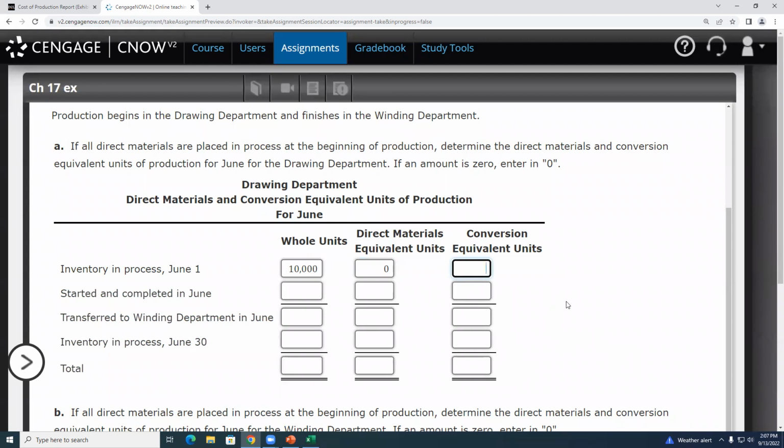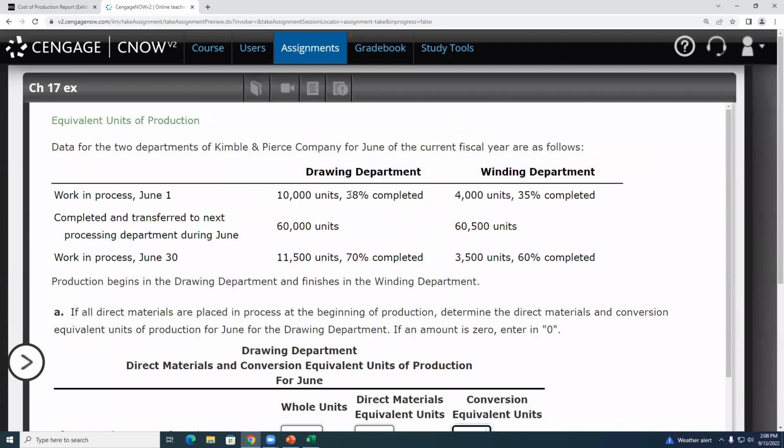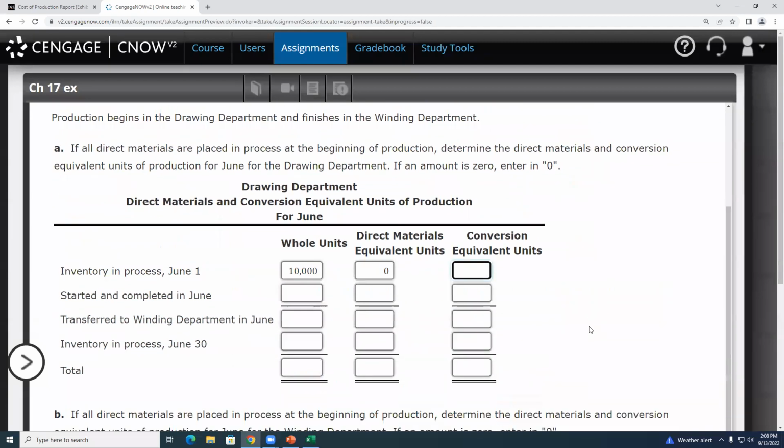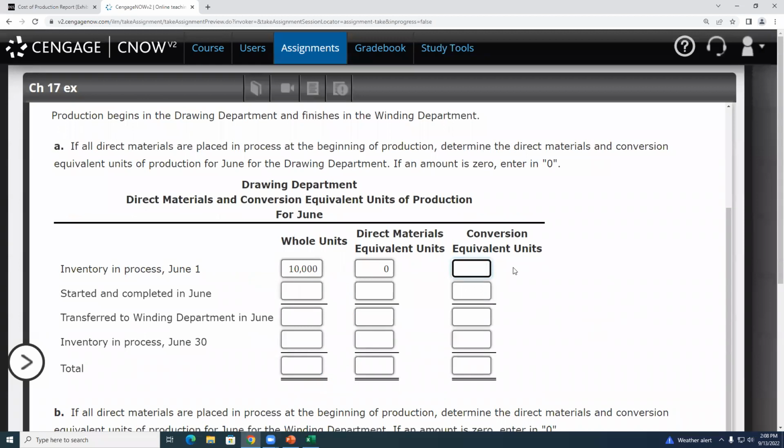But we did still have some work to do. And if we go back up to this, remember, we were told at the beginning of the month they were 38% complete. So how much more did we have to do? 62%. So what is 62% of 10,000 whole units? 6,200. So we take the percent of the work that was done this month and multiply by the whole units.